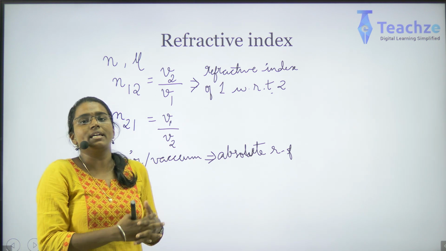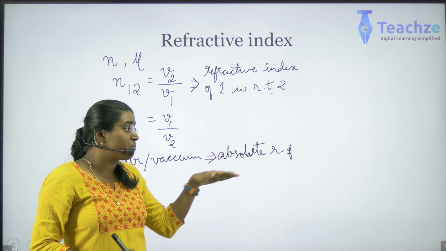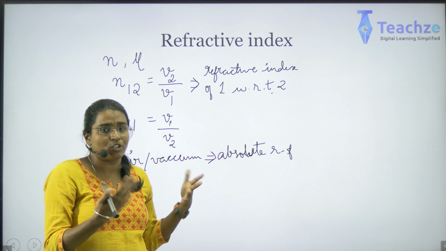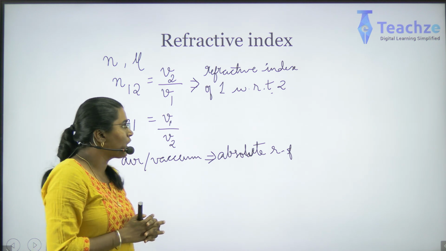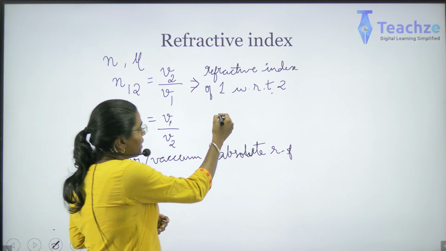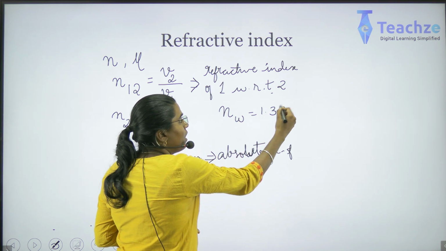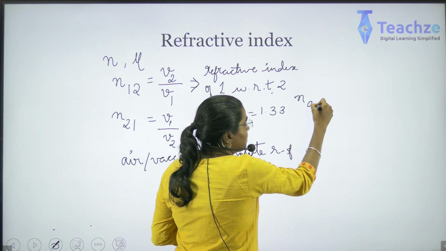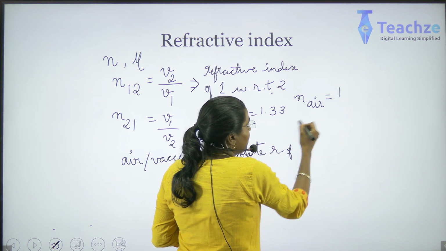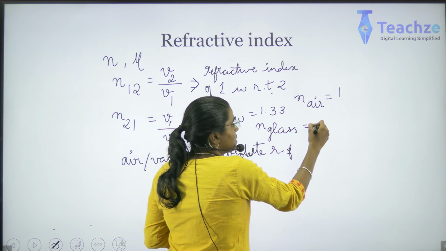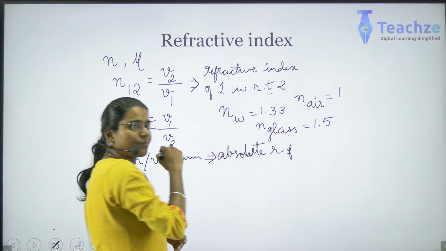Then that will be the absolute refractive index of water. The refractive index of water is 1.33. The refractive index of air is 1. For glass, it is 1.5.